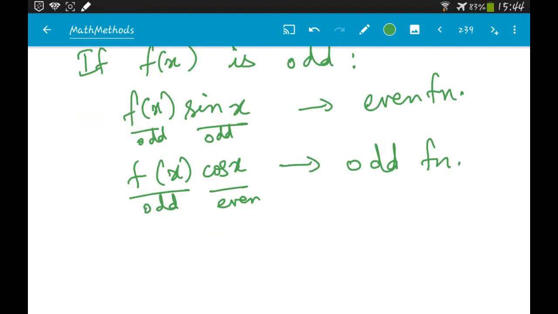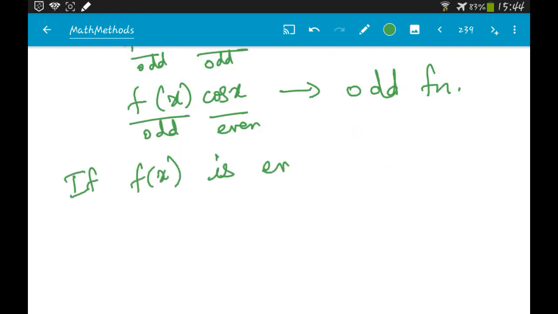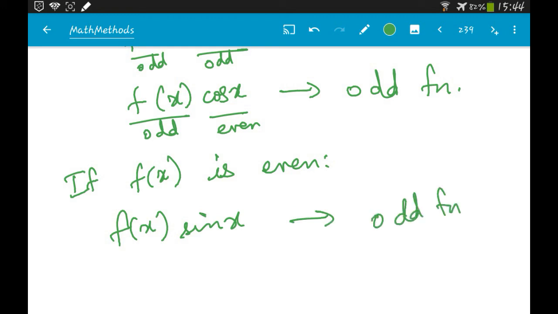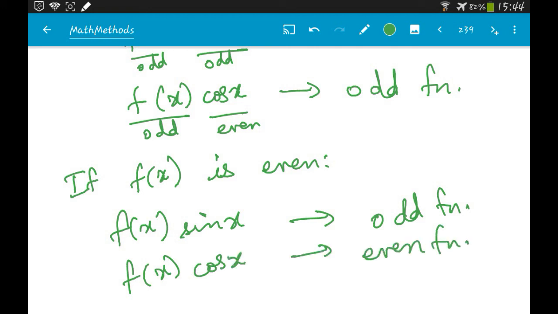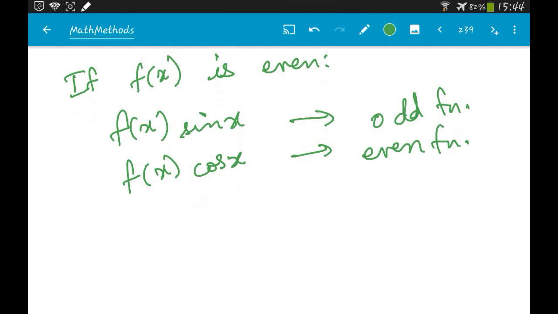If f of x is even, then f of x sine x would be an odd function and f of x cos x would be an even function. Now you know the logic why they are odd and even.